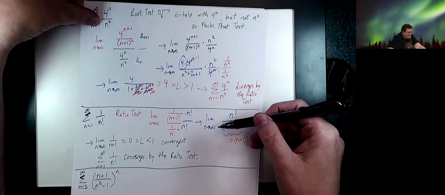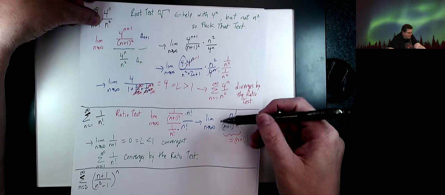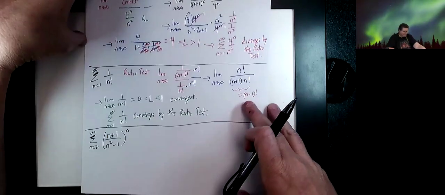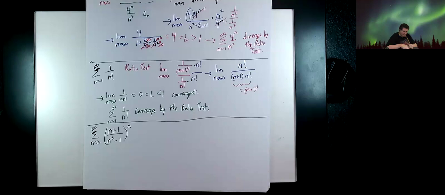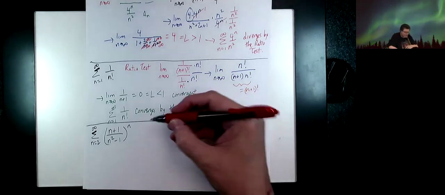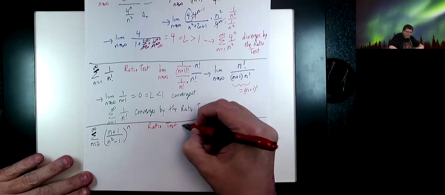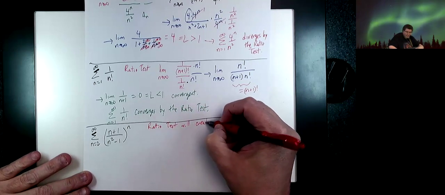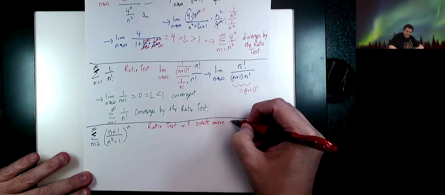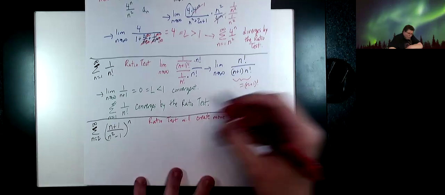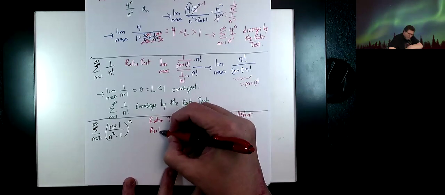But when we have an n inside the exponent, or the exponent is applied to another variable, that's no bueno. The ratio test is just going to create more mess. That's how I like this thing. Get rid of the mess. So root test, we've got the exponent, try the root test.